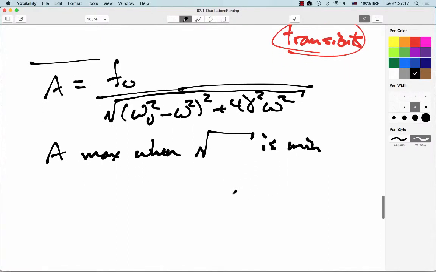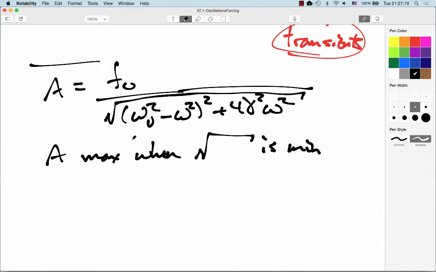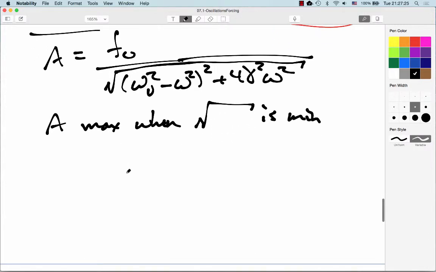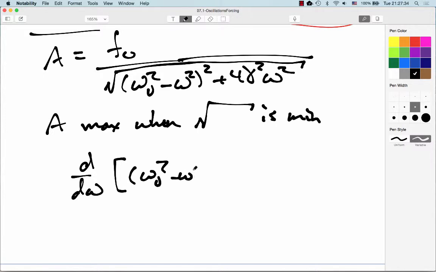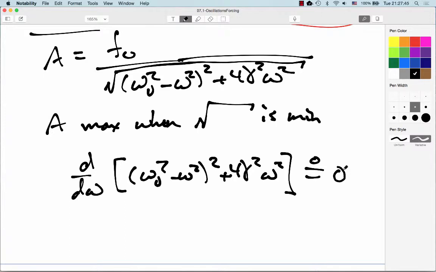The one thing I know is that the square root will be a minimum when the argument is a minimum. So I can go ahead and differentiate the argument, omega naught squared minus omega squared, squared, plus 4 gamma squared omega squared. I can differentiate that argument and set it equal to 0 and work out when that is.